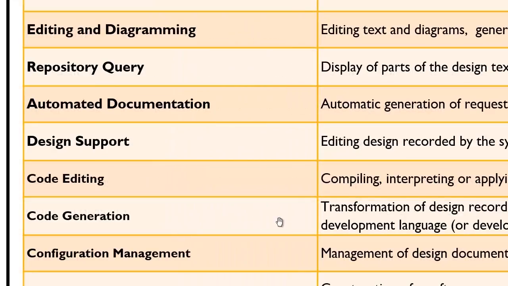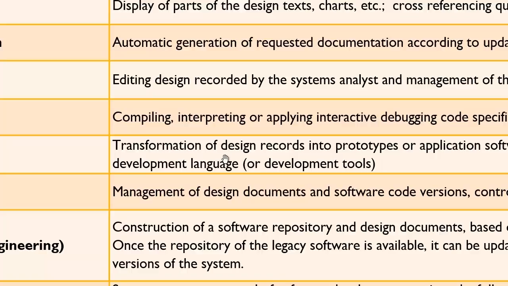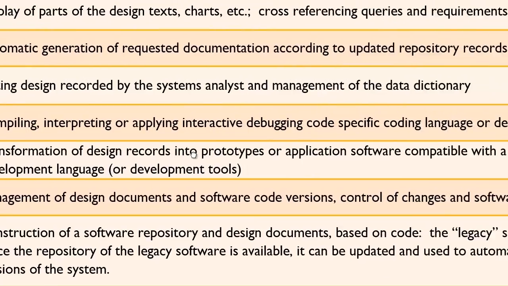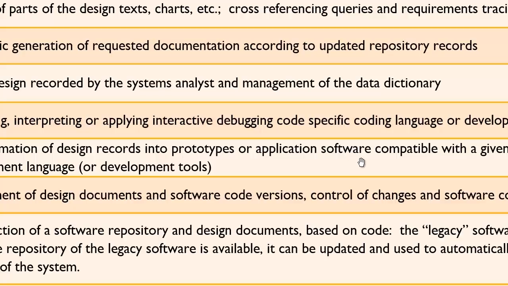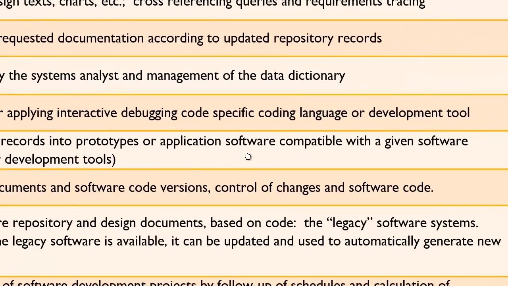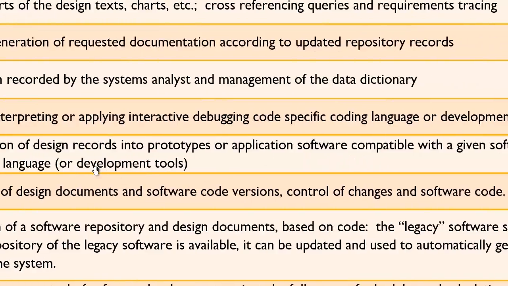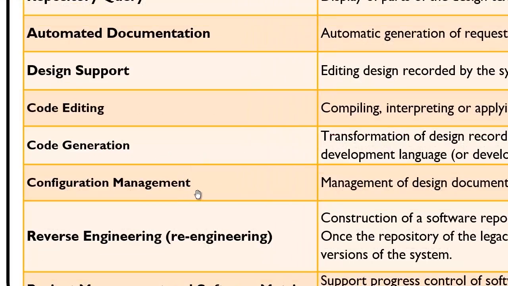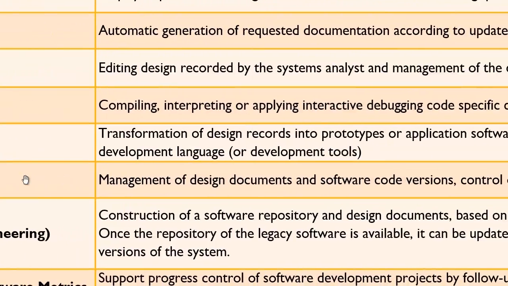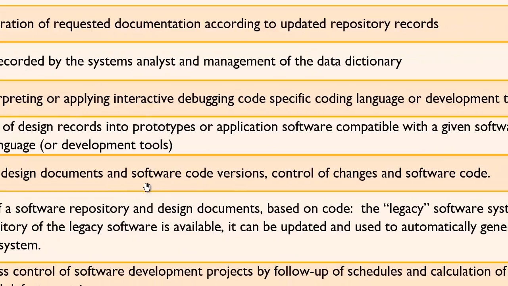Code generation: transformation of design records into prototypes or application software compatible with a given software development language or development tools. Configuration management: management of design documents and software code versions, control of changes in software code.